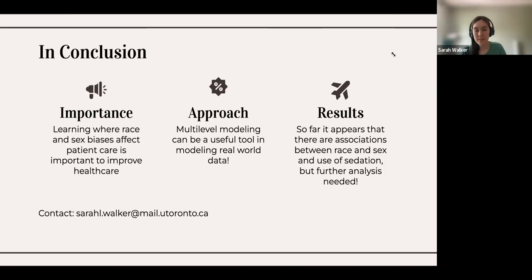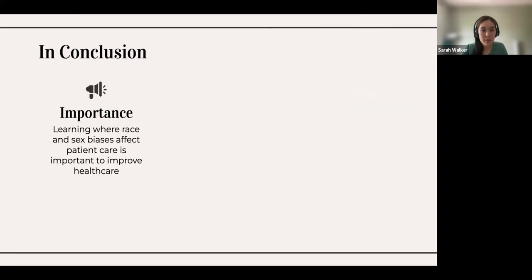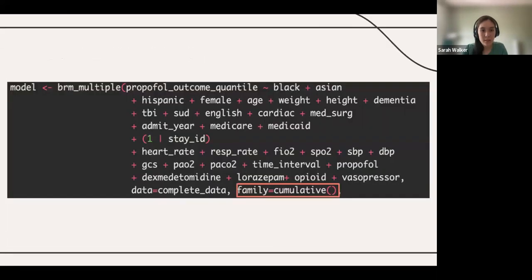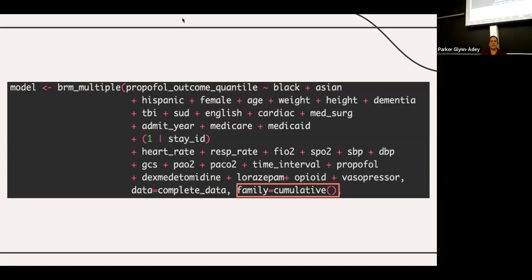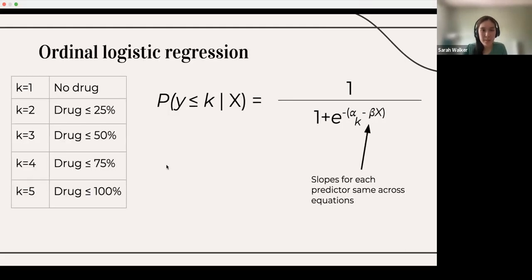Can we see the model equation again? Yes. Which one? Like the code? Oops, I'm going the wrong direction. Like this one or one of the other mathy ones? The math one. This one? Or the other one?